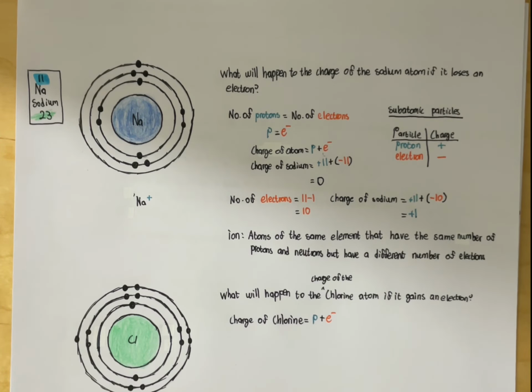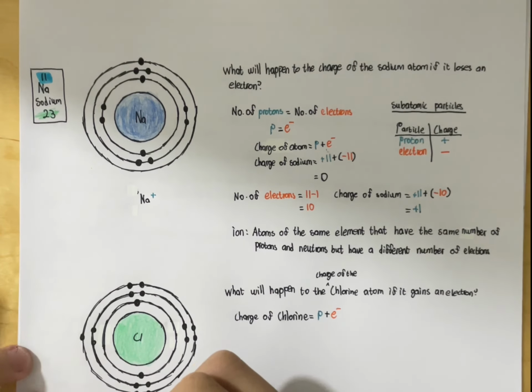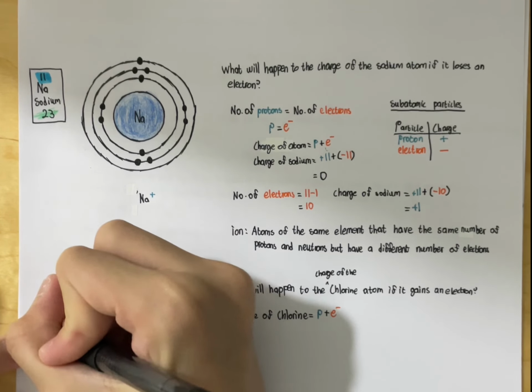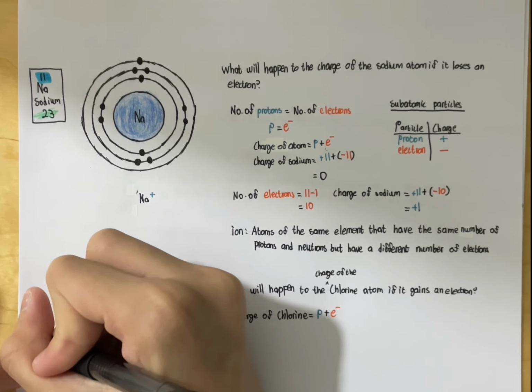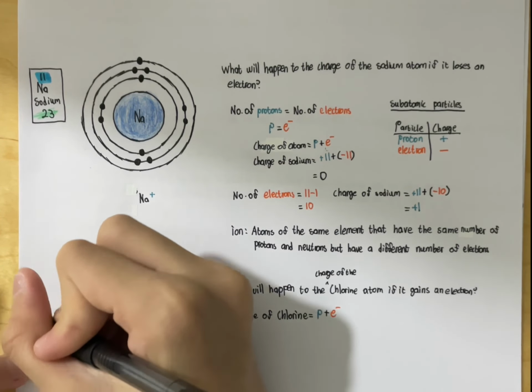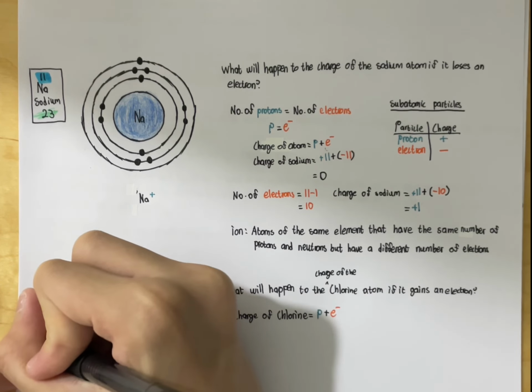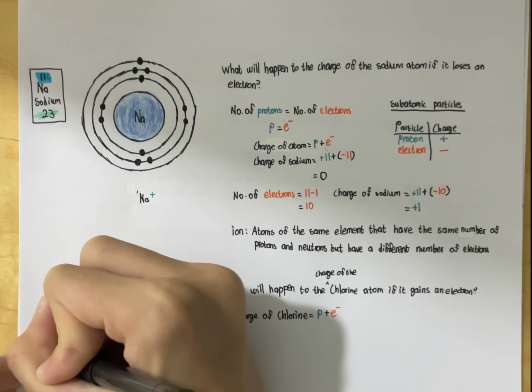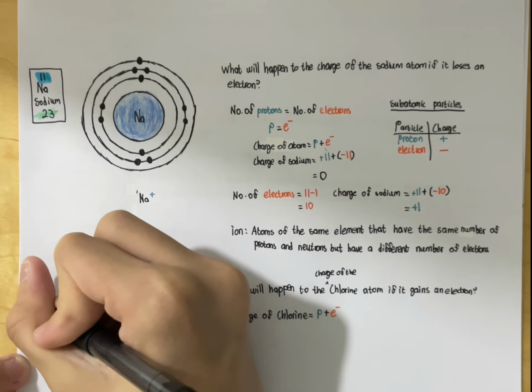Okay, so now we need to know the values for our chlorine atom. It's Cl, 17, chlorine, 35.5.